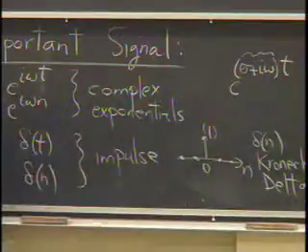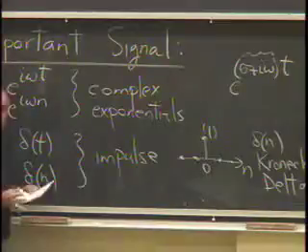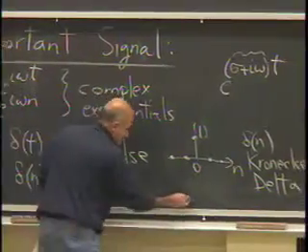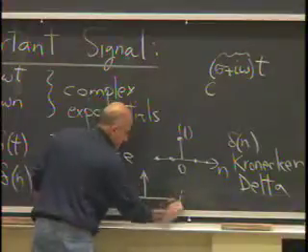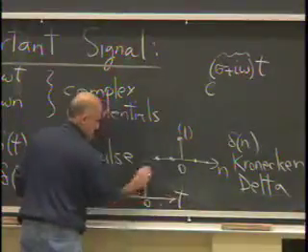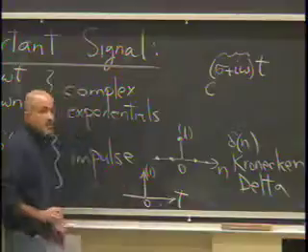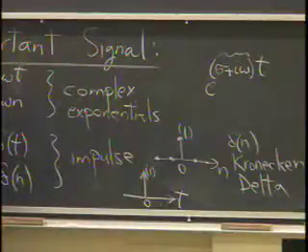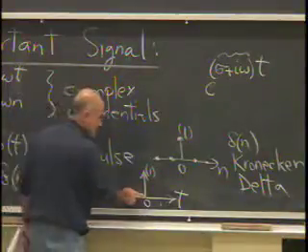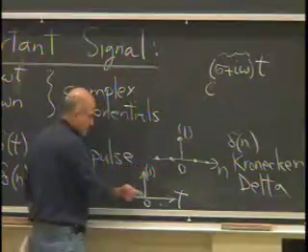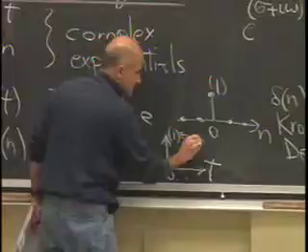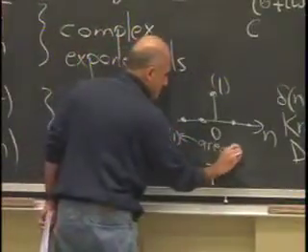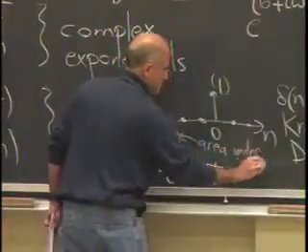Its continuous time counterpart has a lot of mathematical anomalies, but graphically we represent it this way with an arrow at 0. We put a 1, not to denote its height. Its height at 0 is infinite. But the number 1 represents the area under the impulse.